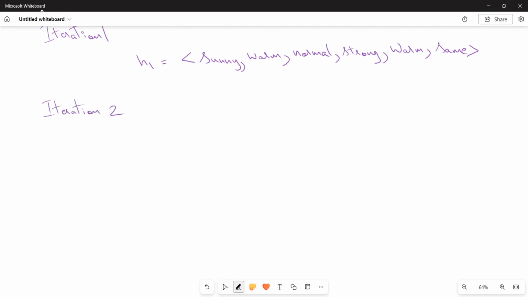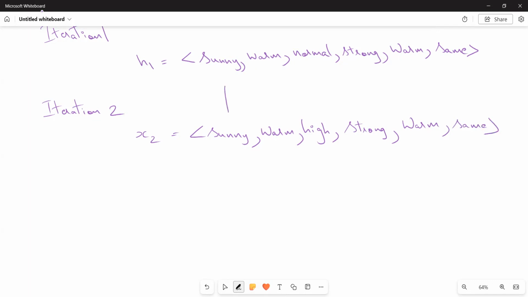Starting from here, iteration 2: now you write your example 2, which is sunny, warm, and so on. You write the complete example, and here you go for the comparison again.